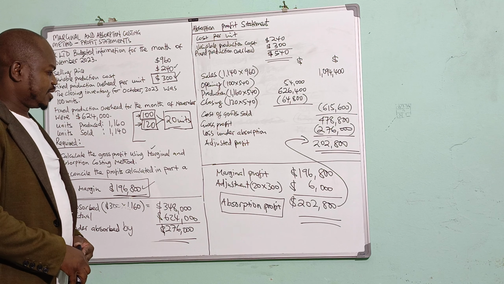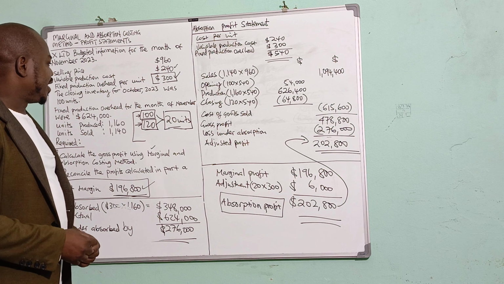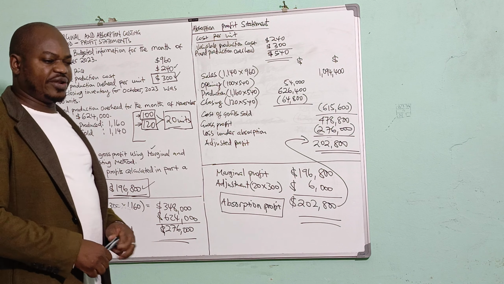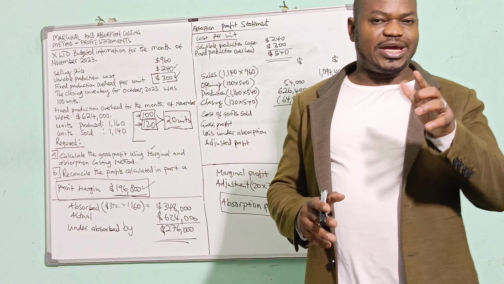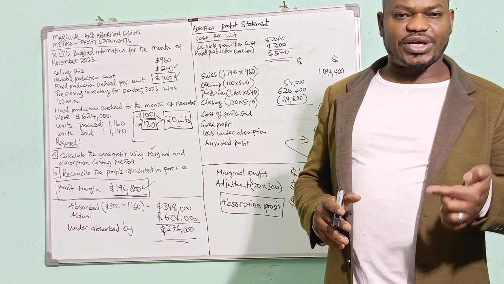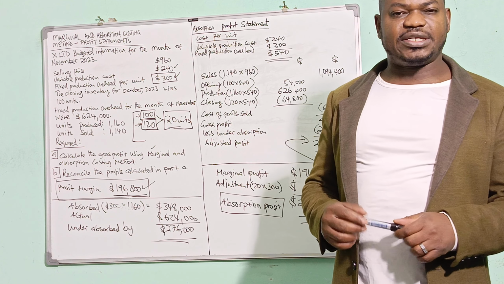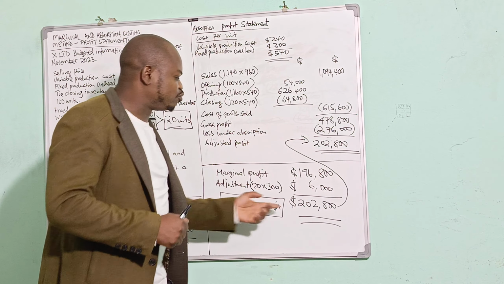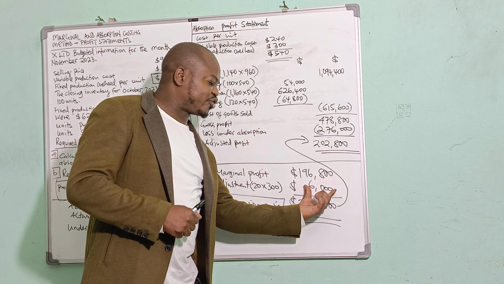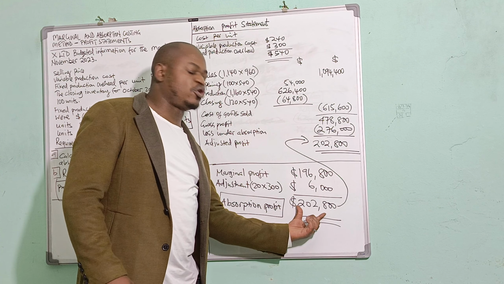Alright. So to sum it up, in the event when there is a decrease in inventory, meaning the opening inventory is more and the closing inventory is less, marginal costing was going to record a higher profit, and for us to find absorption, we are going to subtract because we expect absorption to have a lower profit.